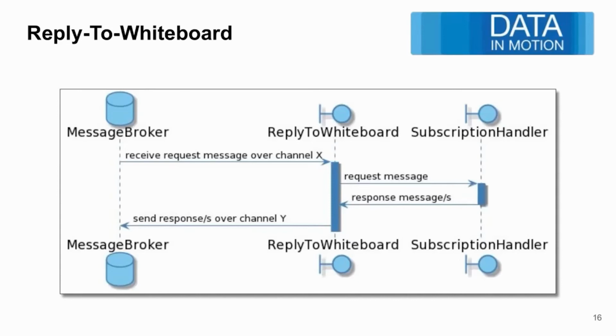Setting the correlation IDs on the response message builder, and also publishing the response message created by the subscription handler to the correct reply-to channel, are tasks of the whiteboard implementation. So a user doesn't have to be concerned about that.